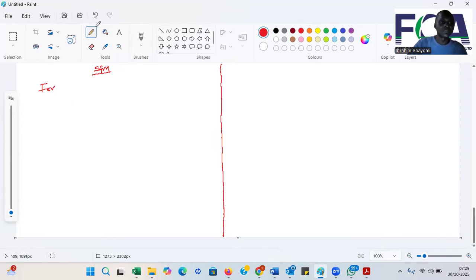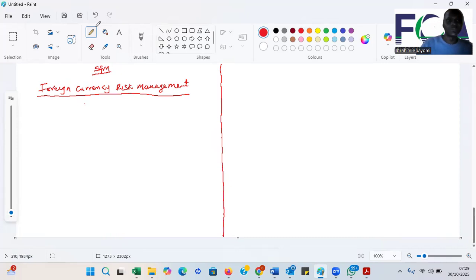Foreign currency risk management. What we are discussing is currency futures contracts.